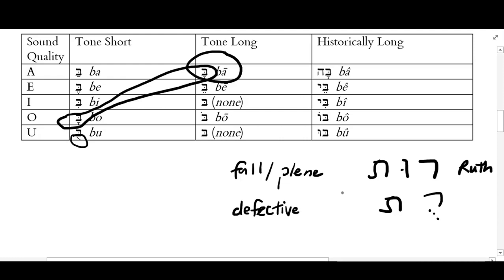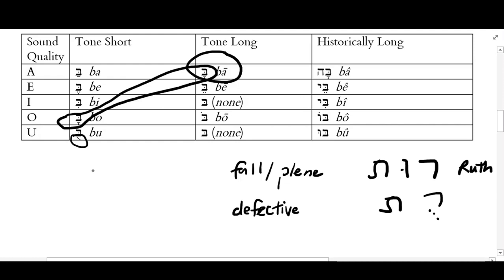Now, I do want to make sure that you understand that when we refer to spelling as full versus defective, we're not talking about errors or problems. What we're simply saying is that some words were spelled one way with the full use of the mater, and others were spelled defectively, meaning they were missing the mater, but they were still pronounced the right way.